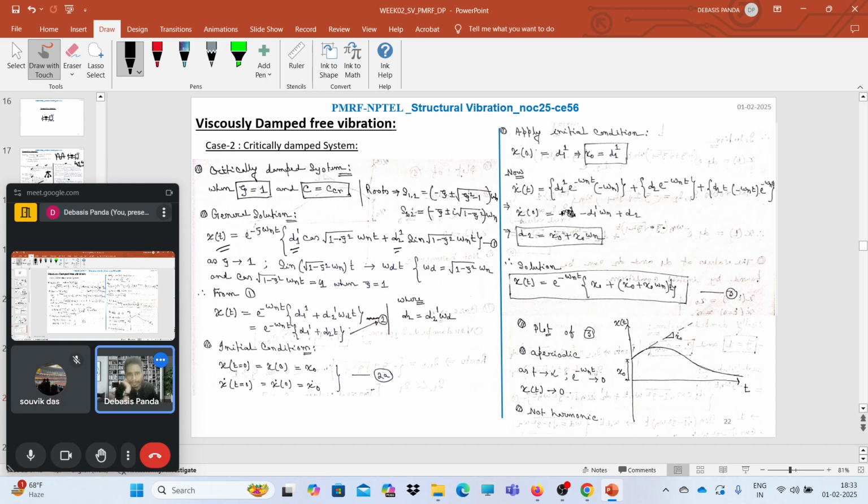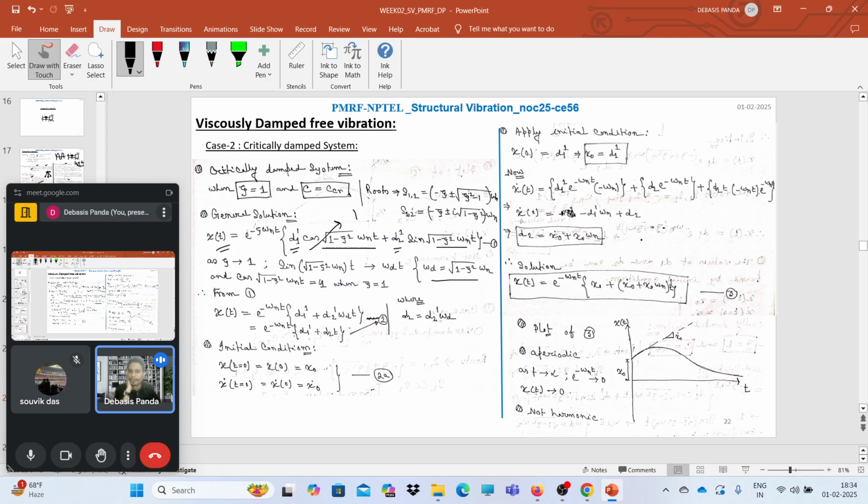Now look here, the term under root of 1 minus zeta square: since zeta equals 1, this part will be equal to 0. And this part, omega n under root of 1 minus zeta square, we can write as omega d.